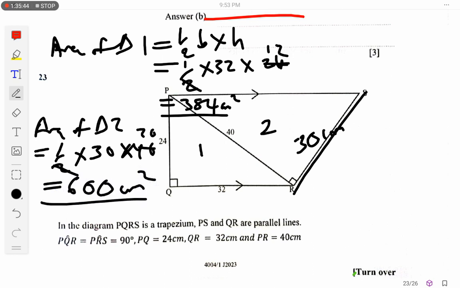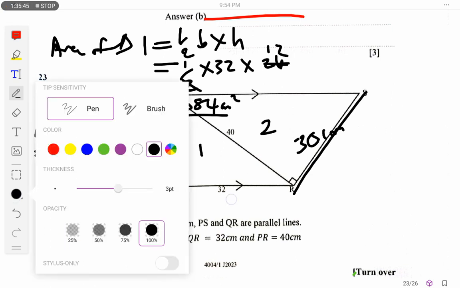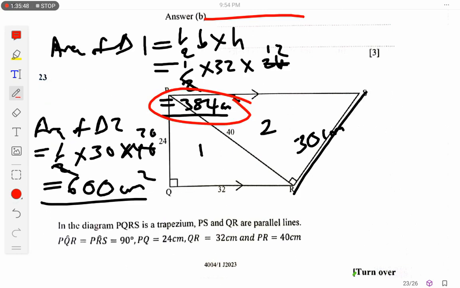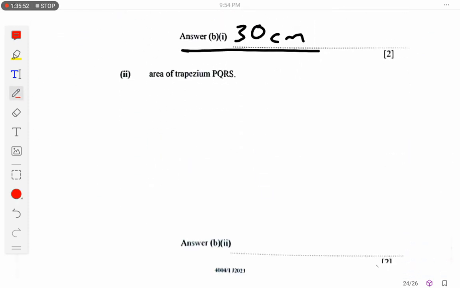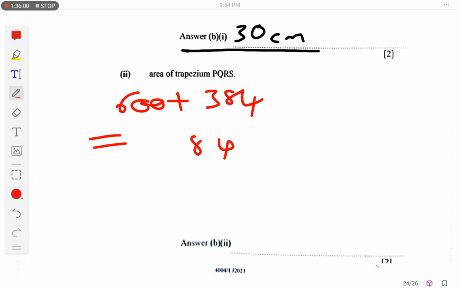So the total area is going to be, we now add 384 and 600. We are adding 600 plus 384. If we add this, I'm getting 48, and then here a 9. So this is our total area. Okay, we are done. Let's move on.